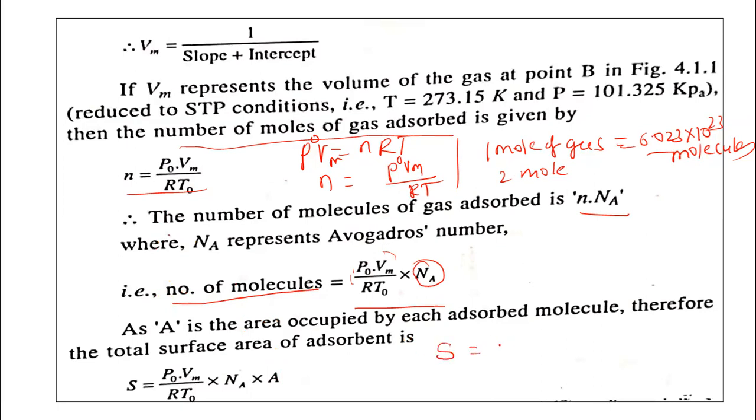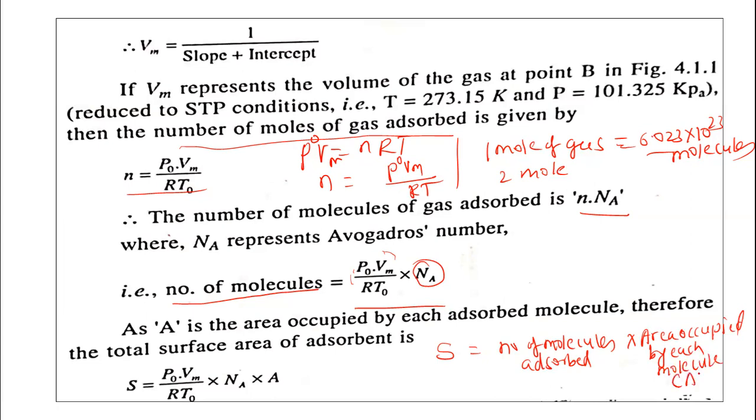The surface area is equal to the number of molecules adsorbed multiplied by the area occupied by each molecule on the surface of the adsorbent.